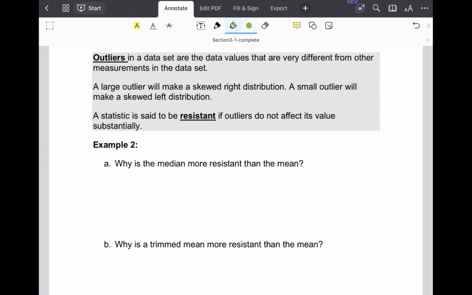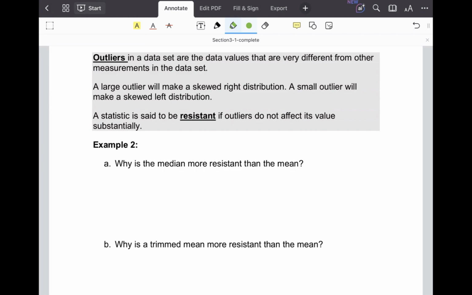Now, this resistance is a good thing to keep in mind when you're reporting measures of the center. Specifically, if you have a skewed right or a skewed left distribution, you typically want to use a resistant measurement.